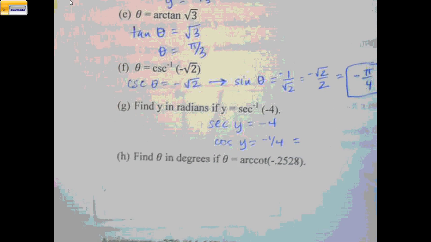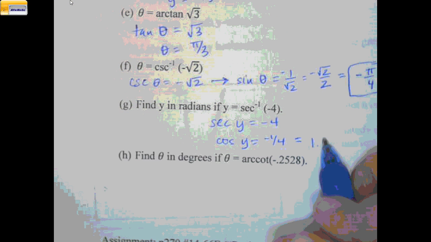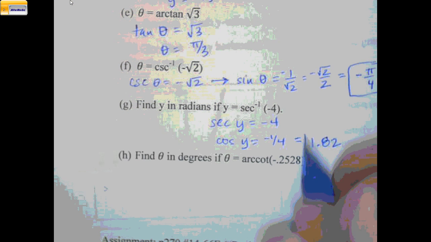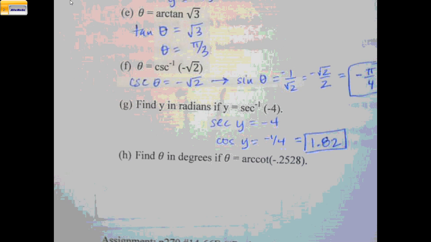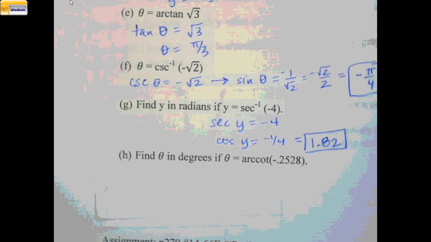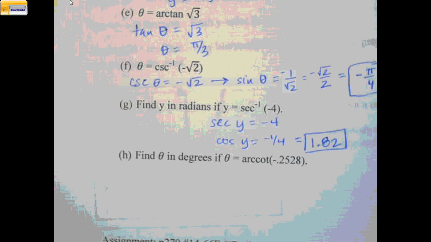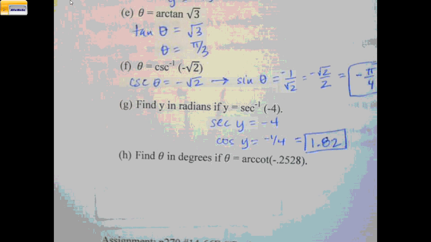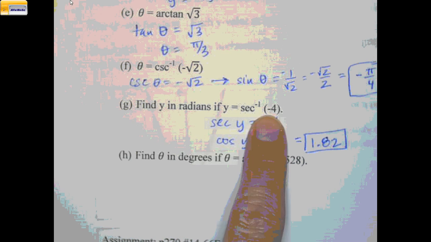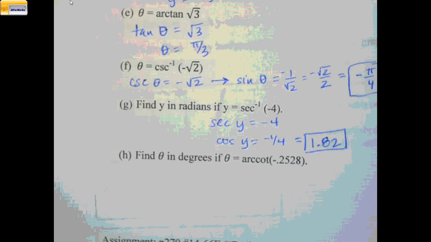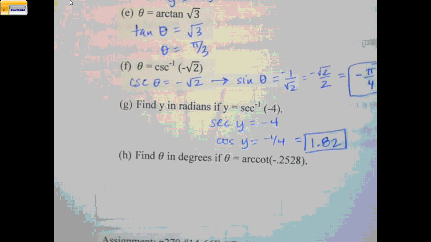There you go. That sounds much prettier. Does everybody see what happened? So if you need to write this down in your notes, in your calculator, to get this answer, you had to type in arc cosine of negative 1/4. You had to flip the 4 upside down.